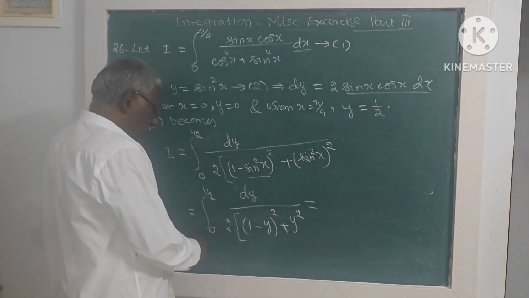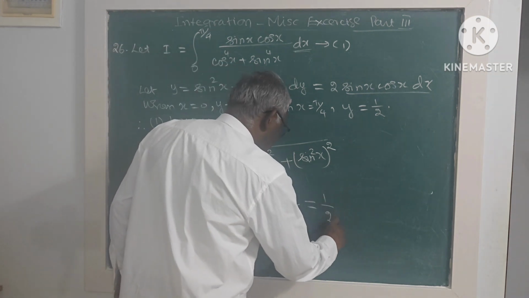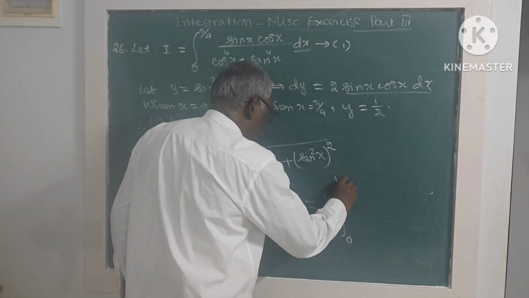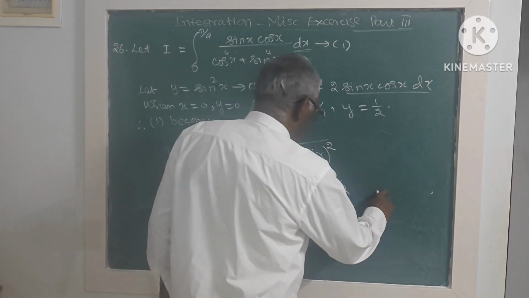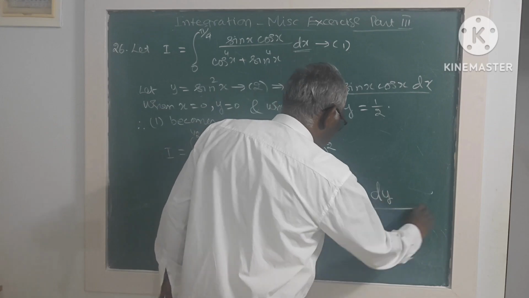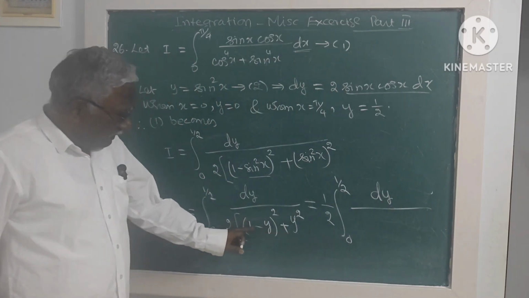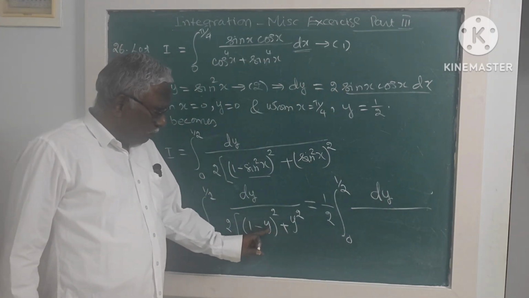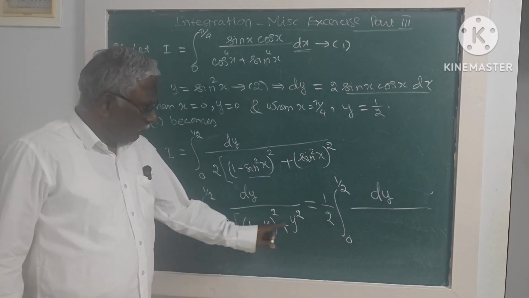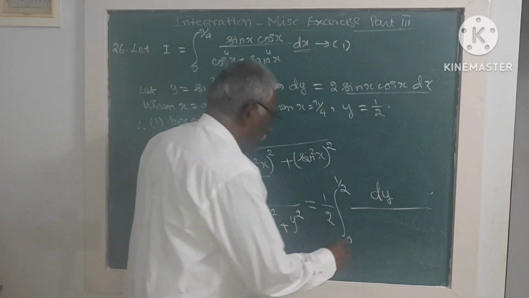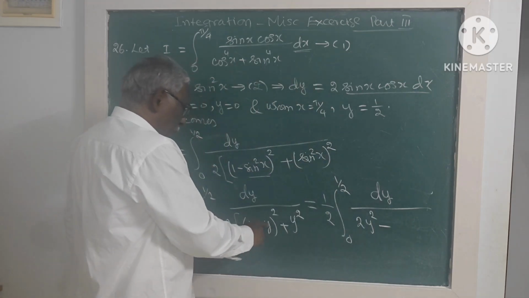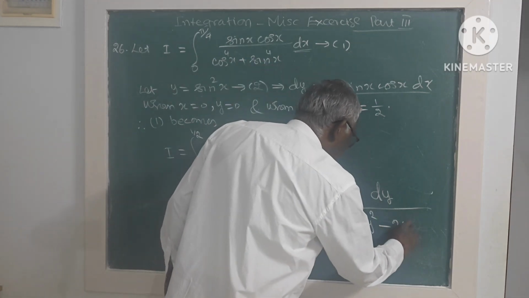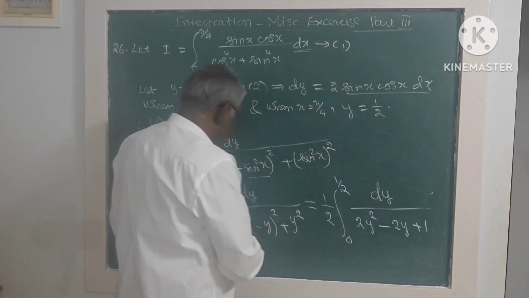We can take 2 outside the integral: 1 by 2 times integral 0 to half dy by, if we expand this, we get 1 plus y square minus 2y, plus y square, which is 2y square minus 2y plus 1.